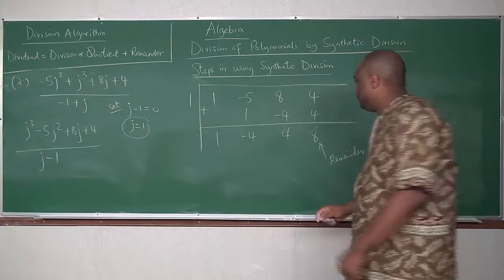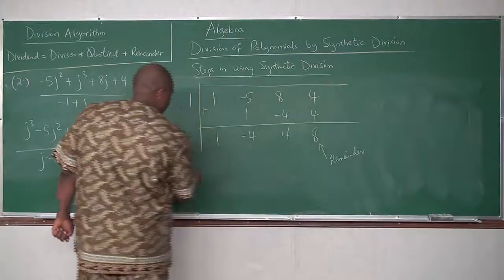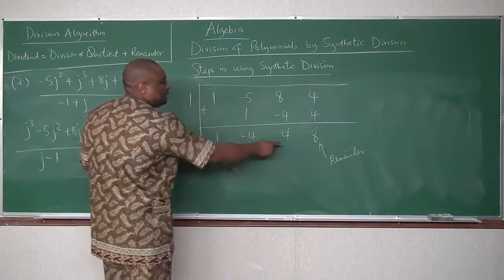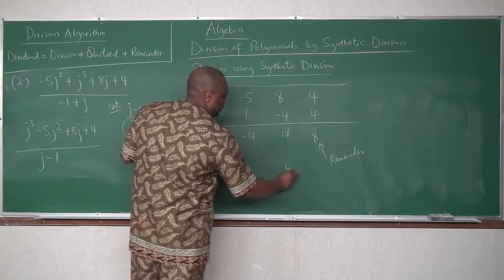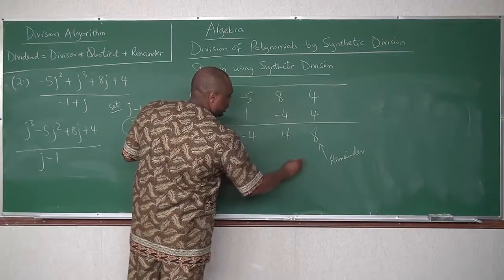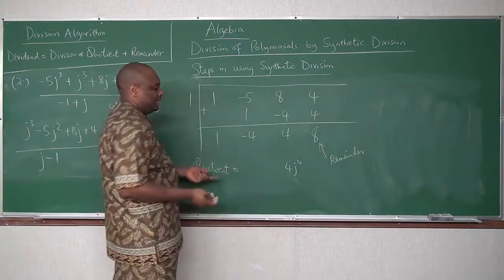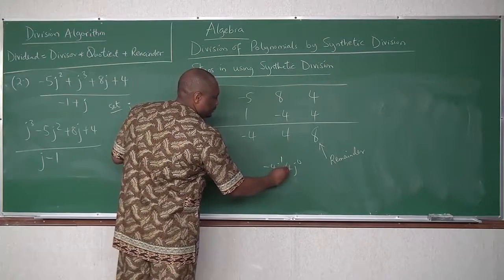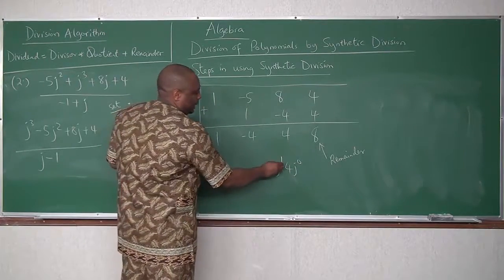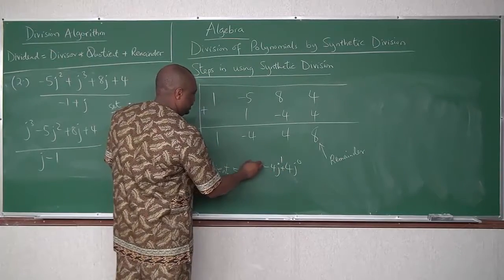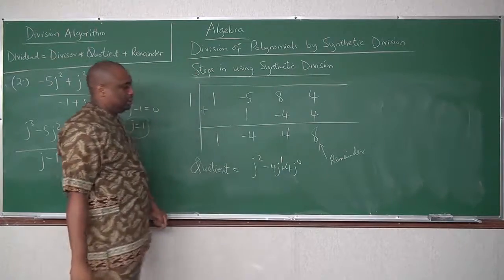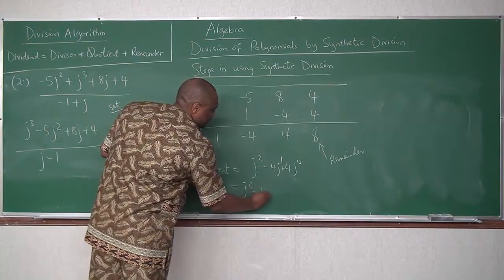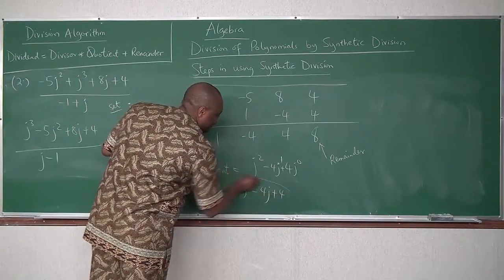Then my quotient will now be: this is 4 j to the 0, which is the constant, then here is minus 4j to the 1, then here will be j squared. So my quotient is j squared minus 4j plus 4.